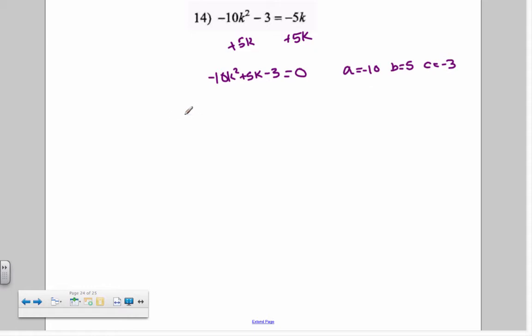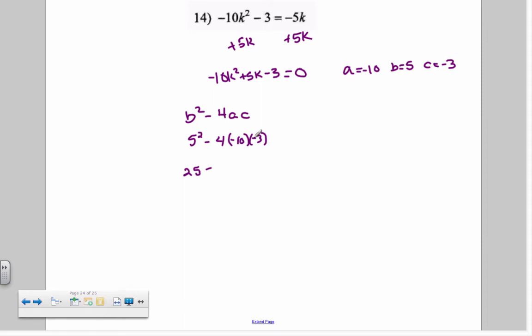Let's go ahead and plug that now into the discriminant. The discriminant is b squared minus 4ac. So b squared is 5 squared minus 4 times negative 10 times negative 3. So 5 squared is 25. And here I have 1, 2, 3 negatives, so my answer will be a negative number.